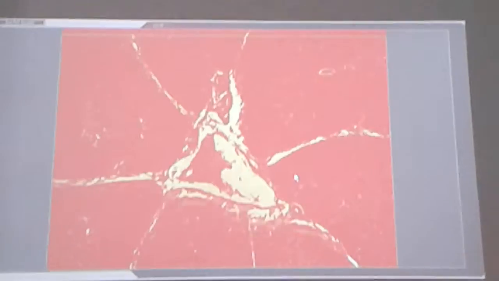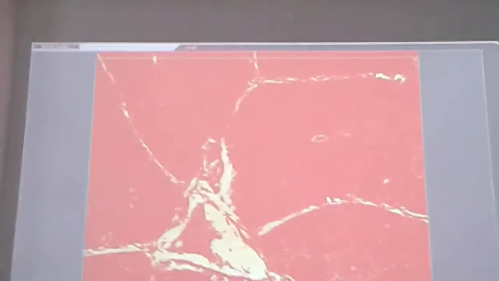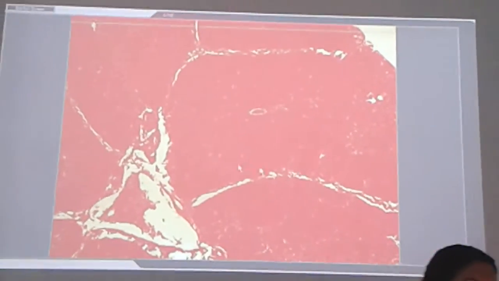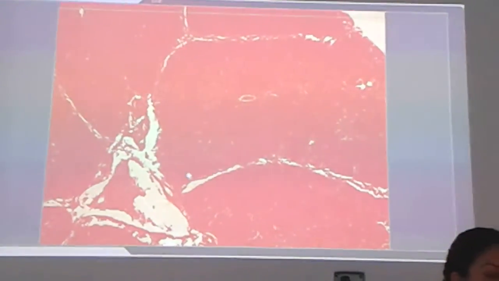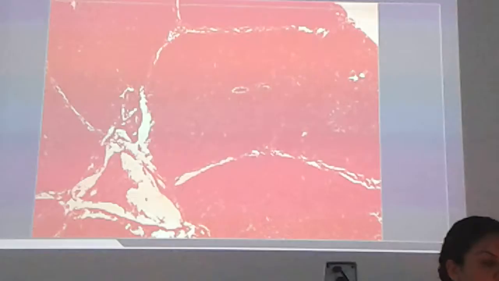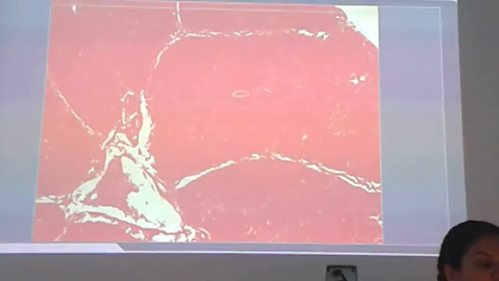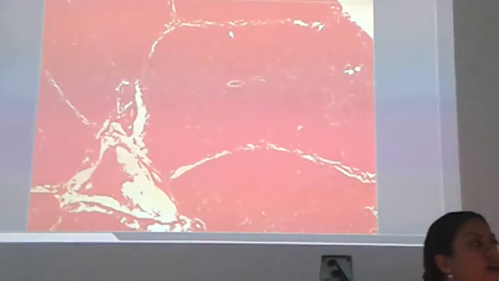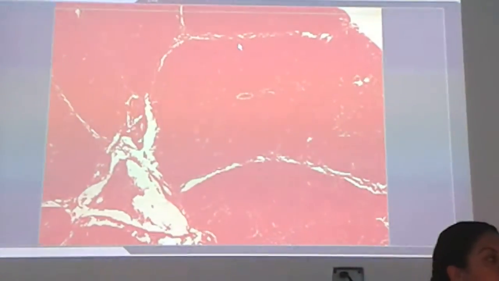See, this is a liver lobule, and as I have told you, it is hexagonal in shape. And in this liver lobule, there are three things I want you to find out.